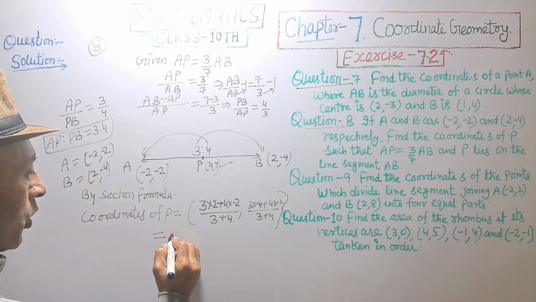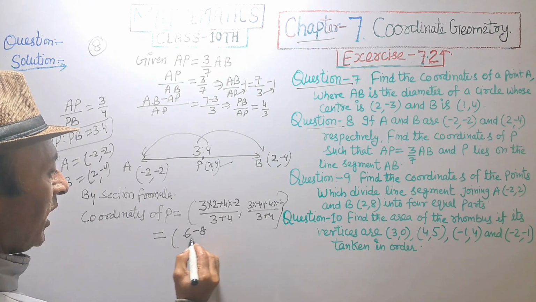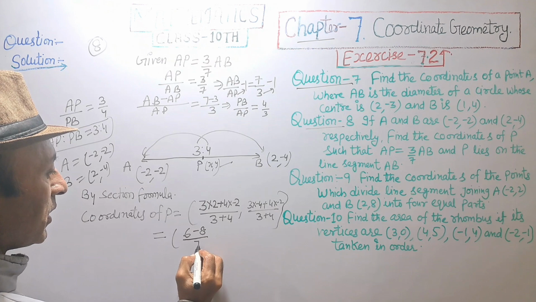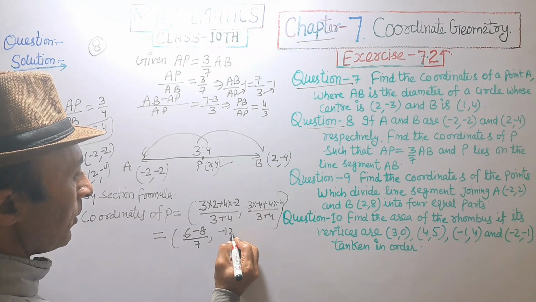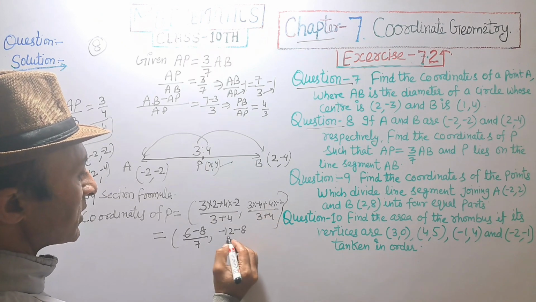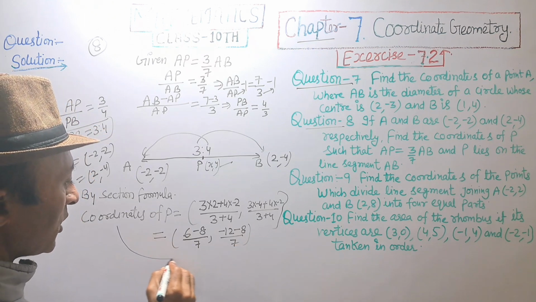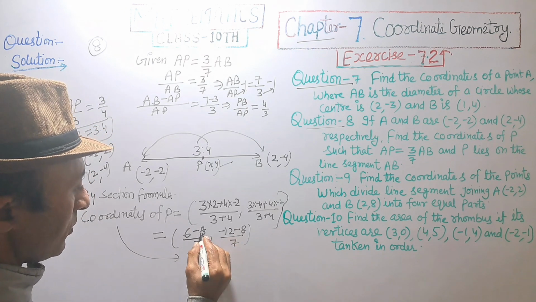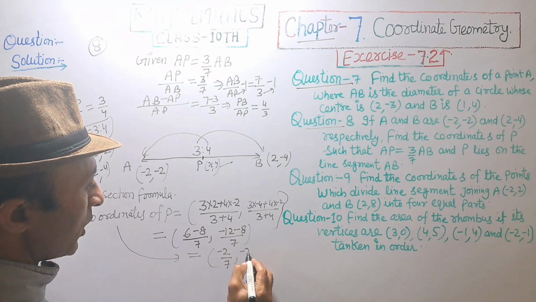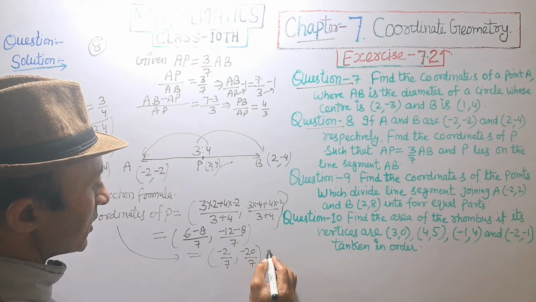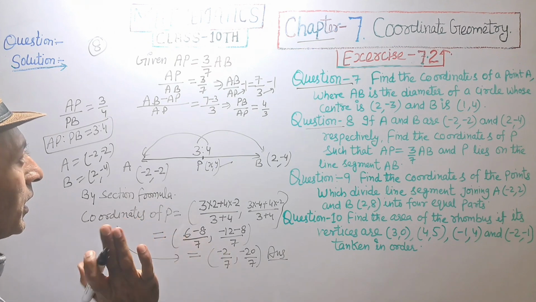So coordinate points of P is equal to 3 twos are 6, -4 twos are 8, divided by 3 + 4 is equal to 7. But 3 fours are -12, 4 twos are -8, divided by 7. So coordinate points of P is equal to -2/7 and here -20/7. These are the coordinate points of P.